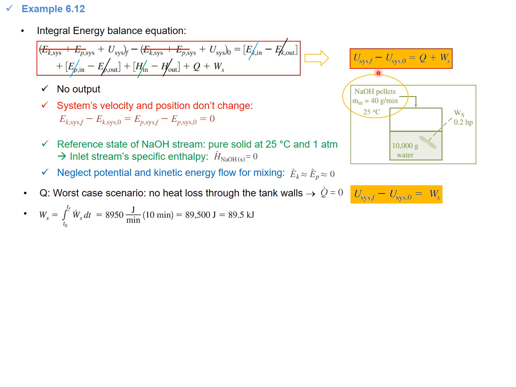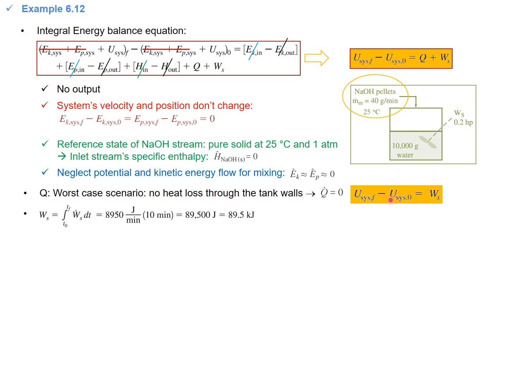Then let's go to the next step. So here is the worst case scenario. Maybe the temperature will go up over 70 Celsius degrees, so we need to insulate the tank. It means Q flux, I mean heat flux, should be 0. This is the worst case scenario assumed here. So for this case, Q is 0, then the difference of internal energy of the system is just the shaft work.